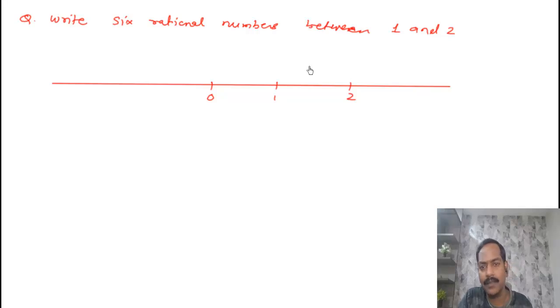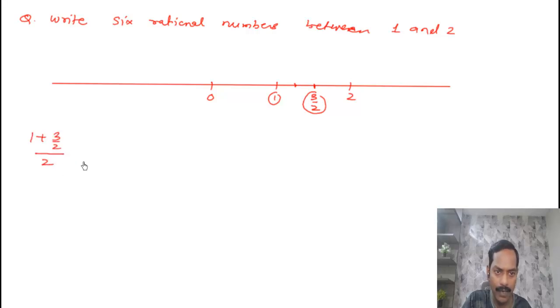One way, of course, is to take the midway. It will be the average of 1 and 2, which comes out to be 1 plus 2 divided by 2, which is nothing but 3 by 2. So 3 by 2 is one of the rational numbers which comes between 1 and 2. But I need 5 more. So again, I can take the average between 1 and 3 by 2, which is 1 plus 3 by 2, divided by 2, right?